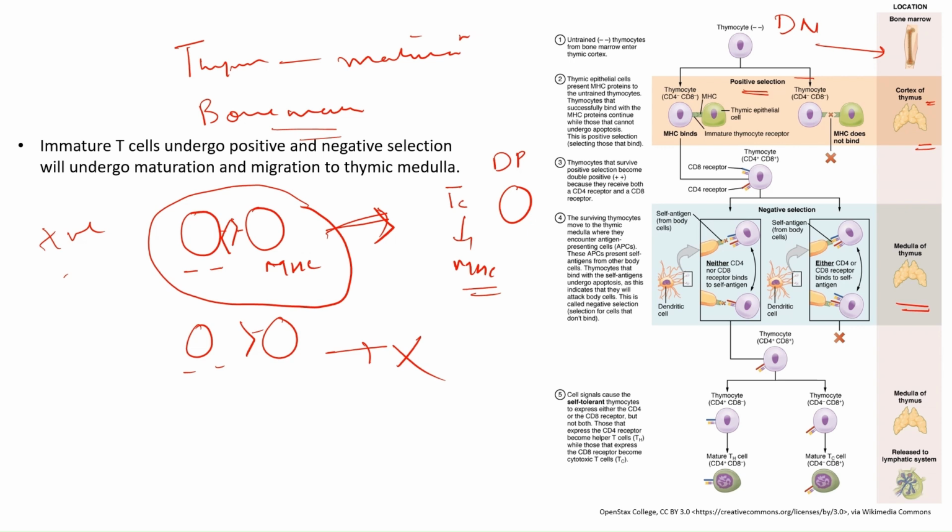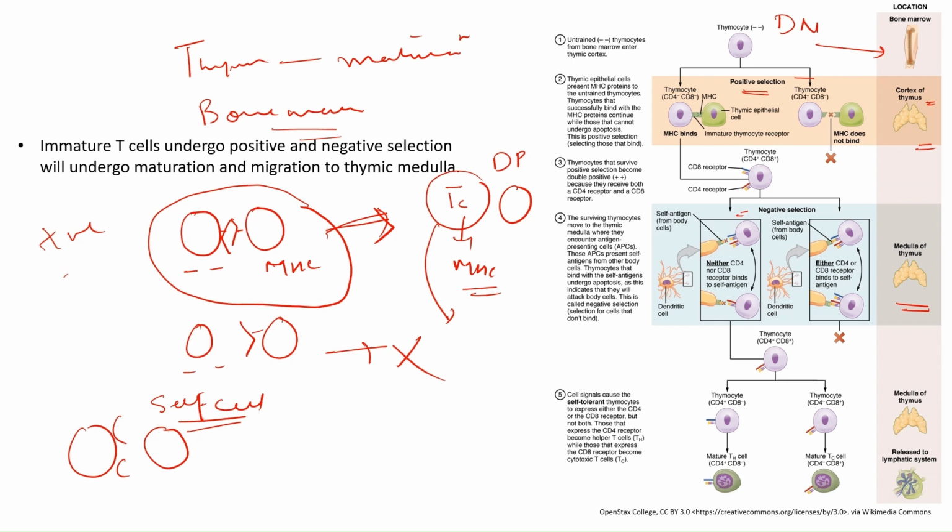Here they will undergo negative selection. How does this negative selection take place? Now the cell contains both the markers CD4 and CD8, having passed positive selection. Now they get the opportunity to interact with self cells. Another property of T cells is that they should only interact with antigens or foreign cells, not the cells of our own body, because T cells interact with cells that got infected or cells that are foreign to our body.